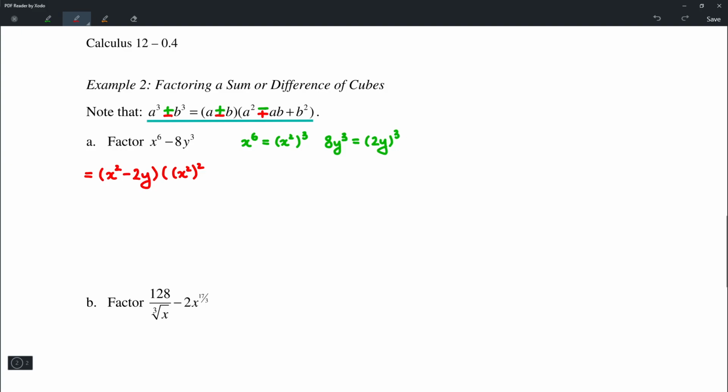And since this is a difference of cubes, we're going to use the red part of the equation. Oh, we already did that part. Plus, and then x squared times 2y is the middle term in the second set of parentheses, and then plus 2y all squared.